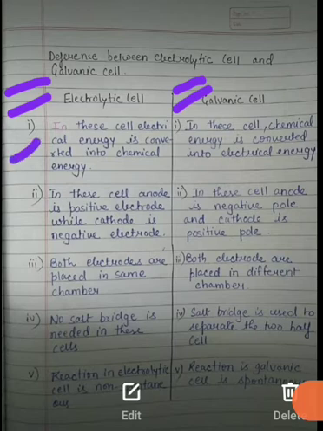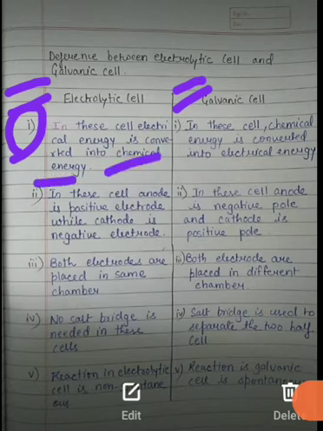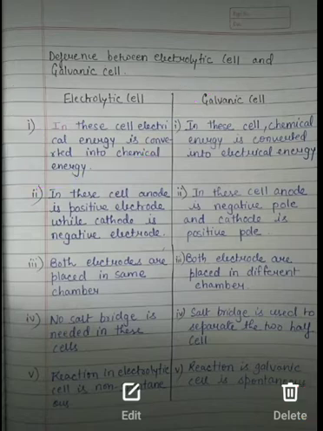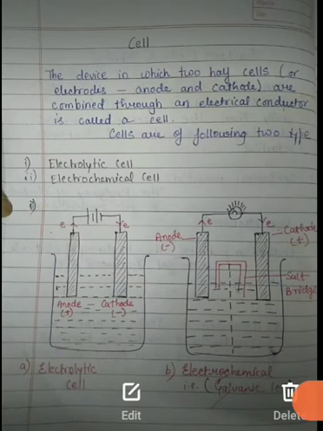Talking about the very first difference: in an electrolytic cell electrical energy is converted into chemical energy, whereas in a galvanic cell chemical energy is converted into electrical energy. How can we understand it? Look here.